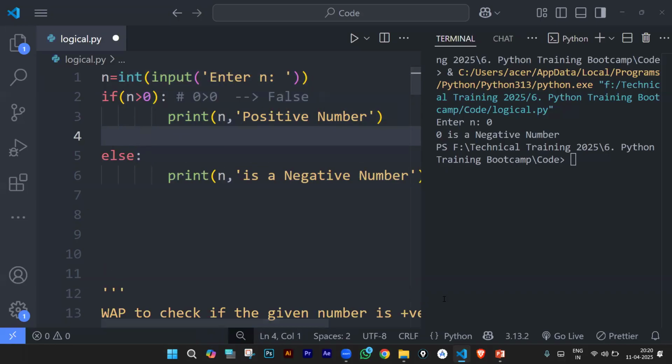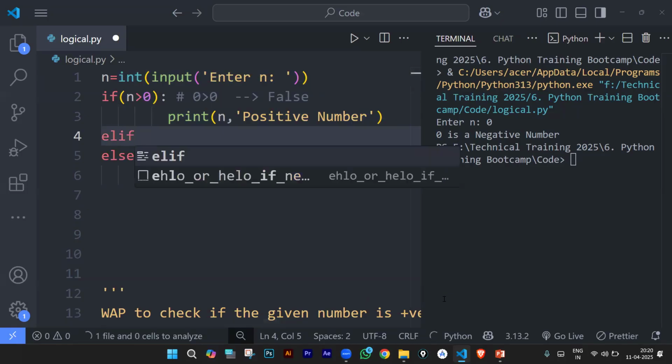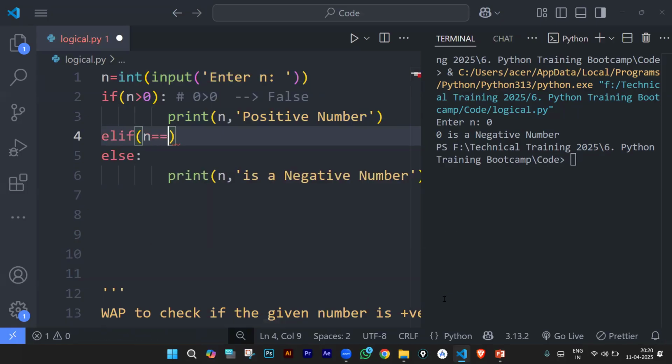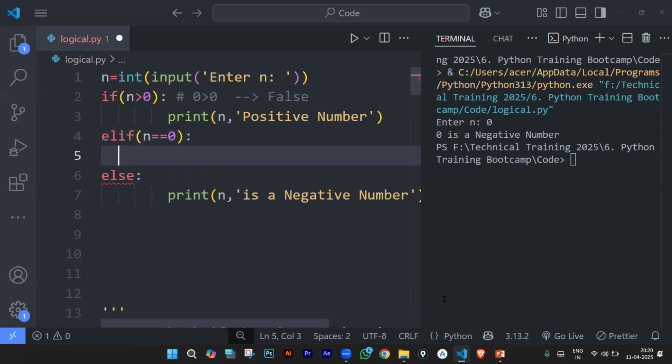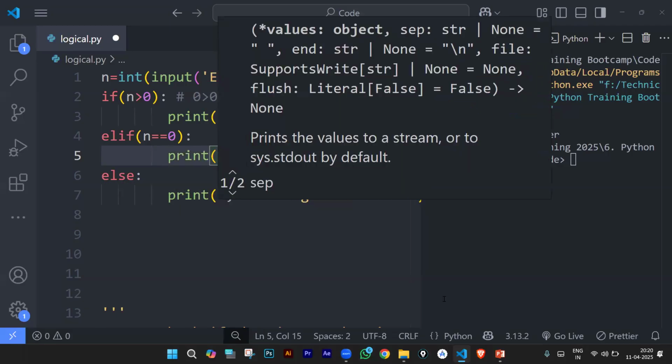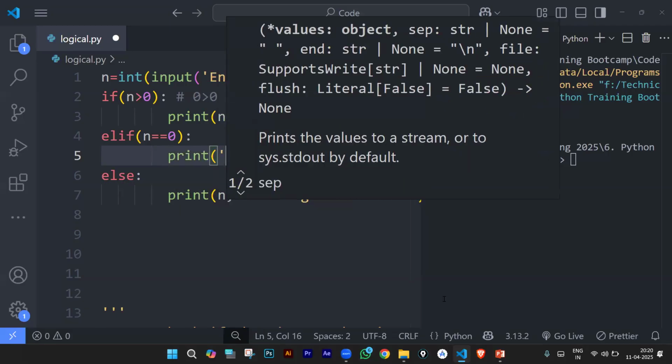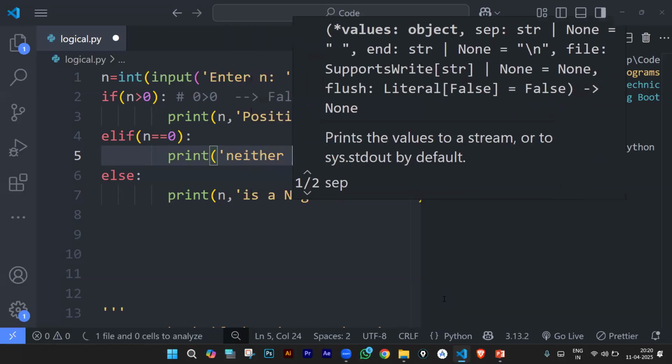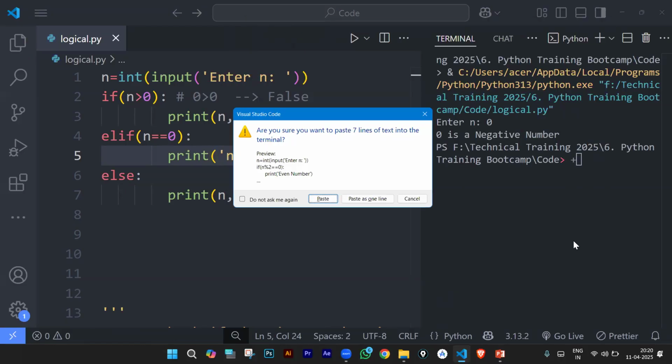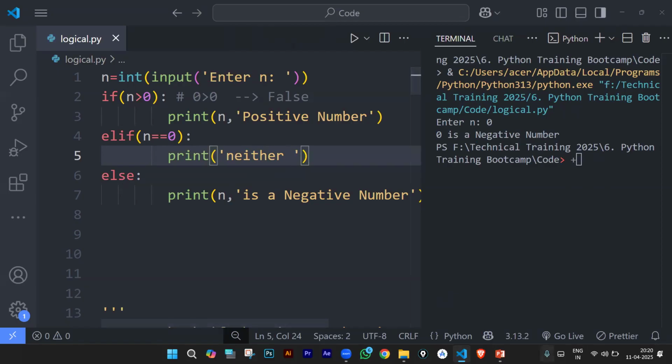We need to add one more condition to check if it is zero. So we need to go with elif and is equal to zero. Same syntax as the other ones. Write one statement inside of it: neither positive nor negative, you can say.